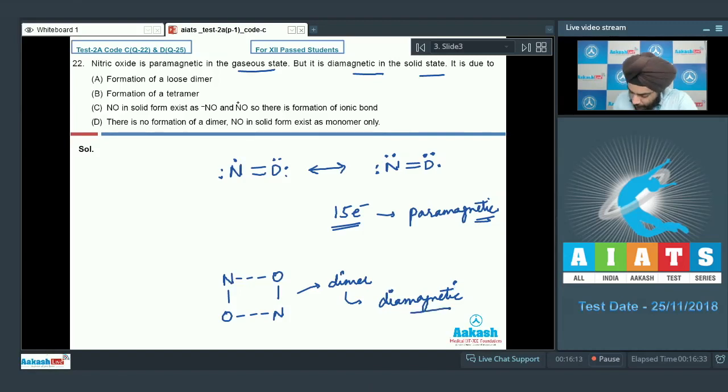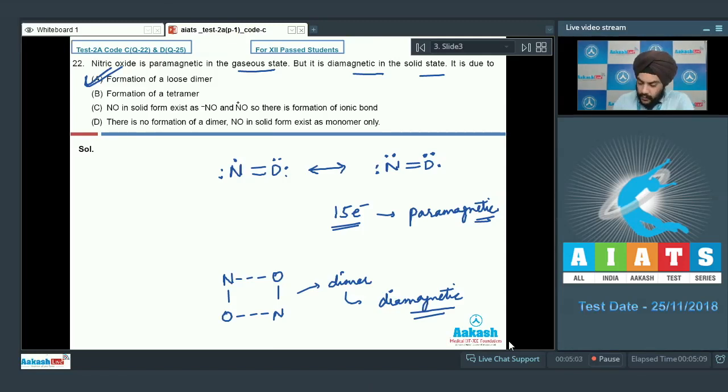So if we look at the options, we can see that the correct statement is given in option A, that the diamagnetic nature of NO2 can be attributed to the formation of a loose dimer in the solid state. So students, we have to mark option A as the correct answer to question number 22.